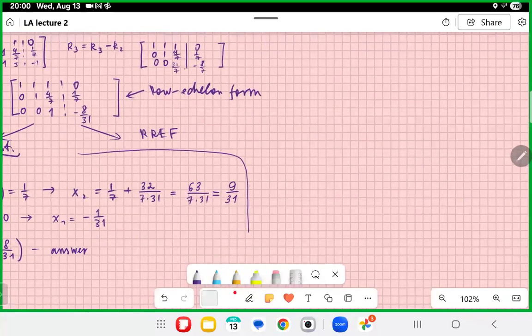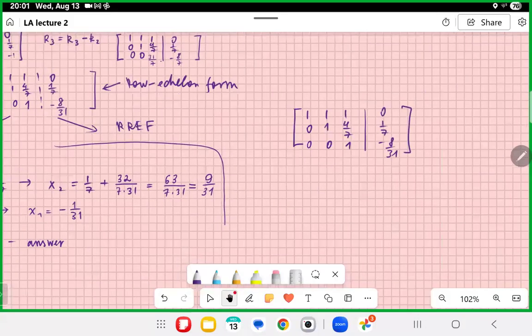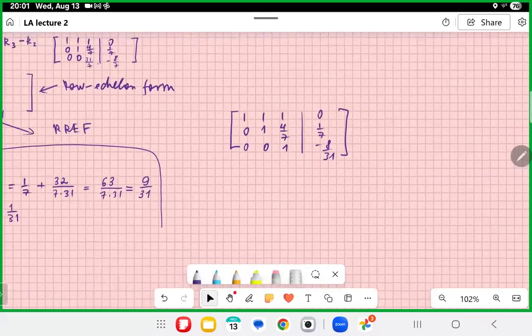So to not get any confusion, I'm going to copy the matrix which I ended up with when I was doing Gaussian elimination one more time, and then I'm going to continue working on this matrix and bringing it to reduced row echelon form.